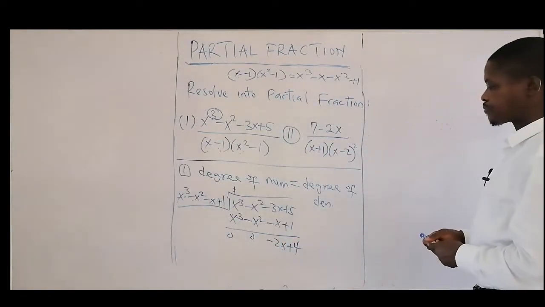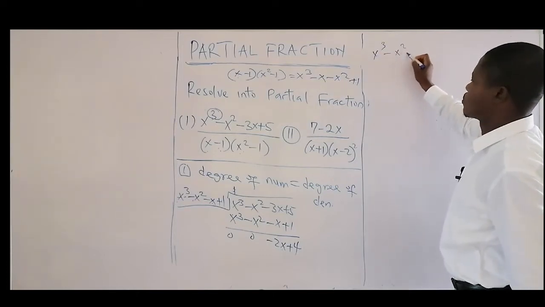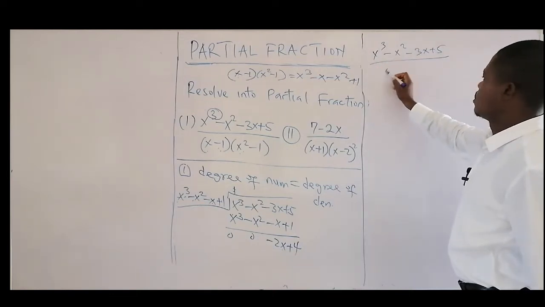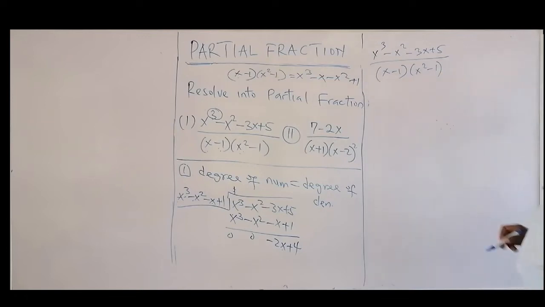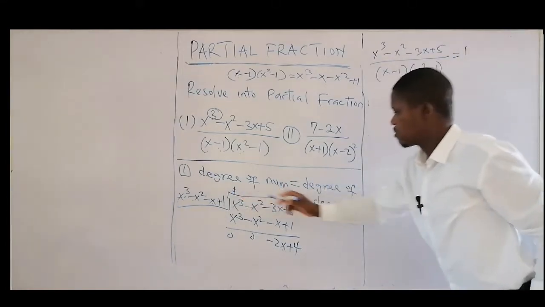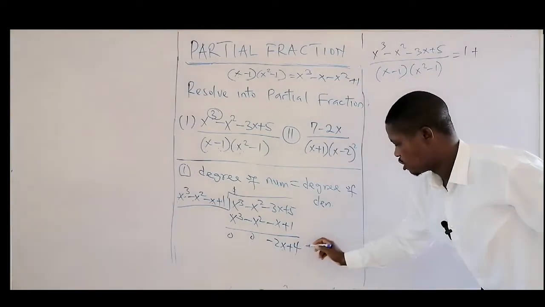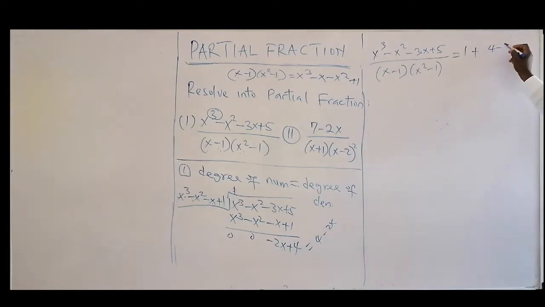So we now have our question x cubed minus x squared minus 3x plus 5 all over x minus 1 into bracket x squared minus 1. And that will be equal to the quotient, what we have here, then plus the remainder. You can change this one to 4 minus 2x, all over the divisor.